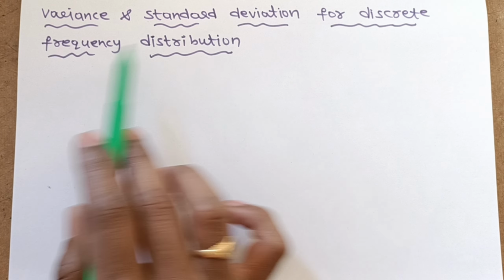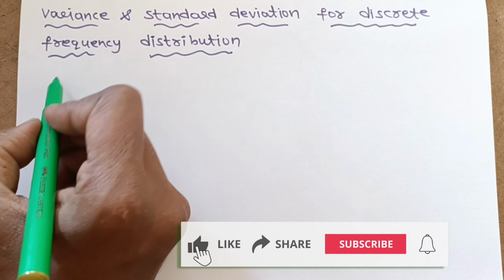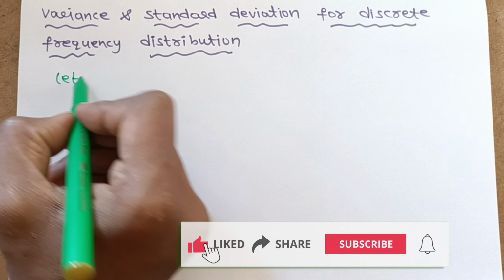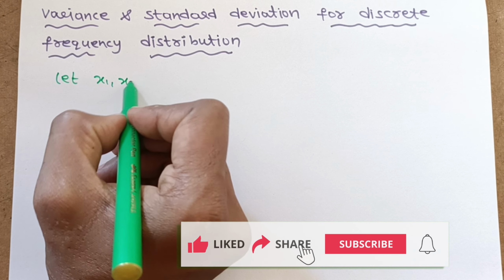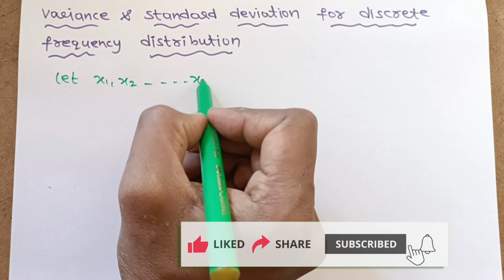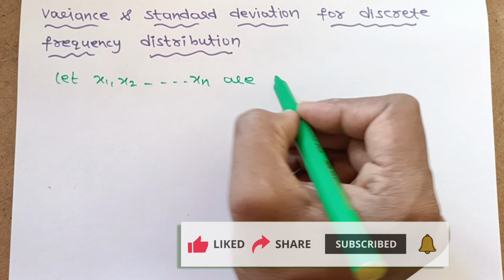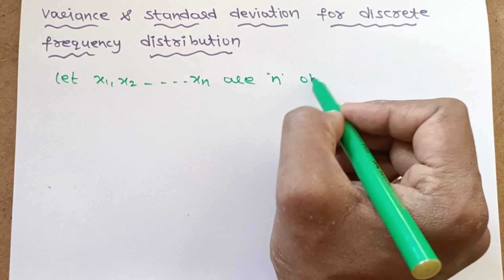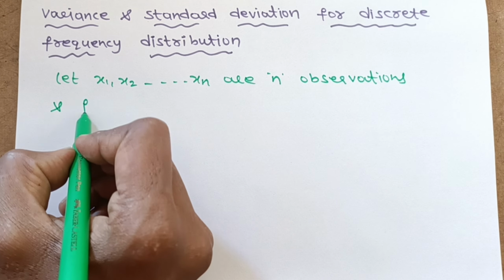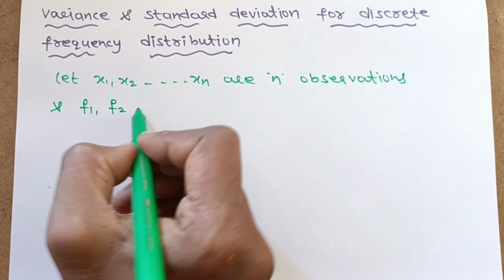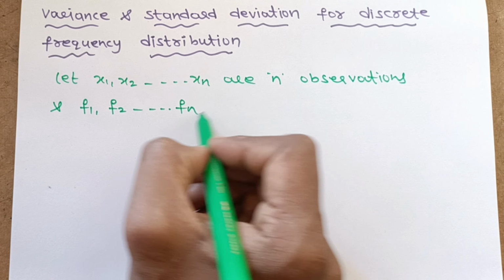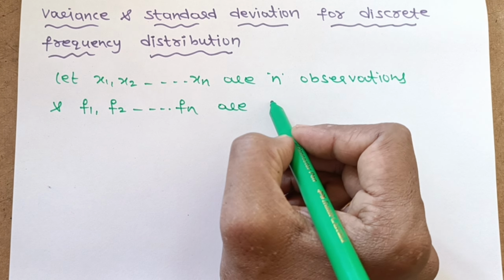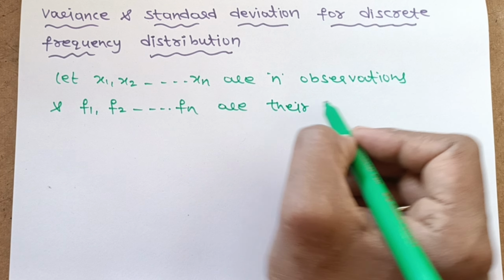So here we know that a discrete frequency distribution means, let x1, x2, and so on xn, which are n observations, and f1, f2, and so on fn, which are their frequencies.